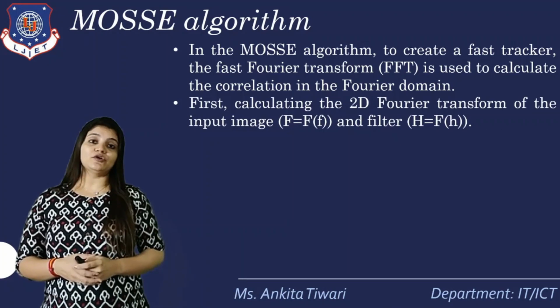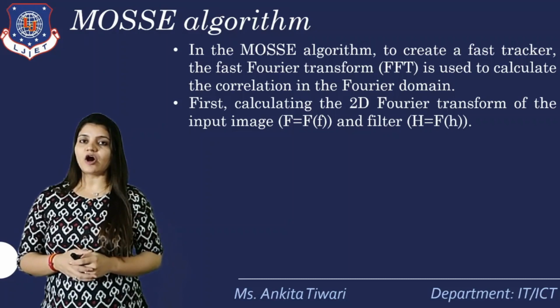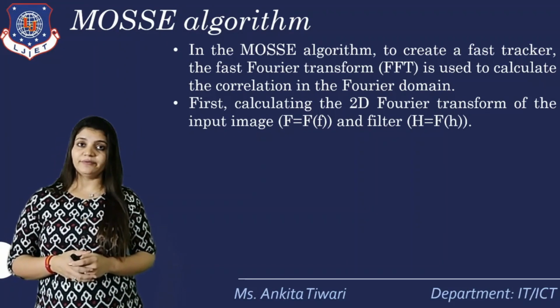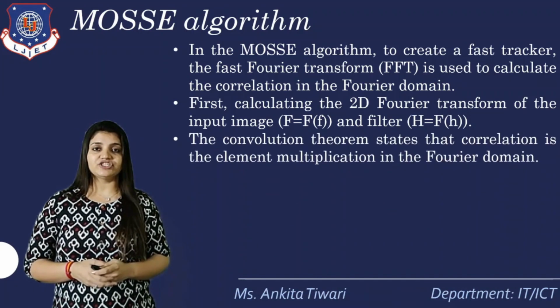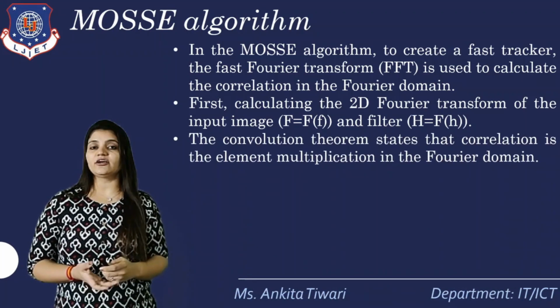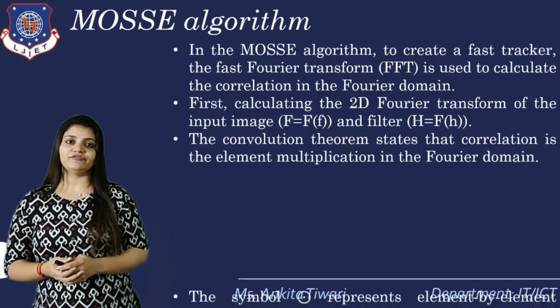First, calculate the 2D Fourier transform of the input image, that is F = F(f), and the filter, that is H = F(h). The convolution theorem states that correlation is element-wise multiplication in the Fourier domain.